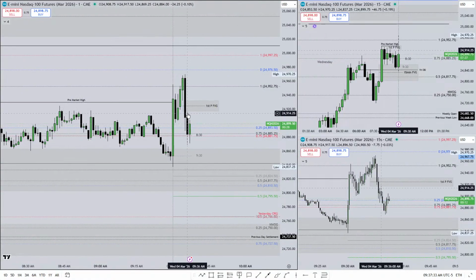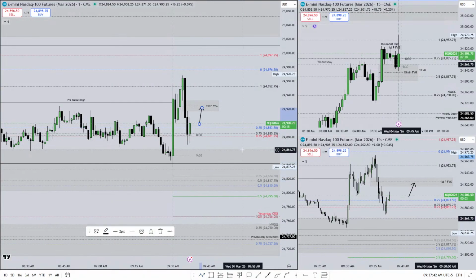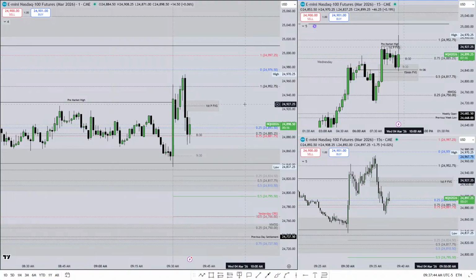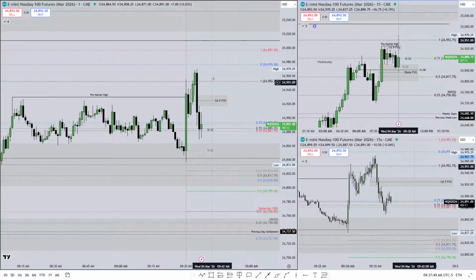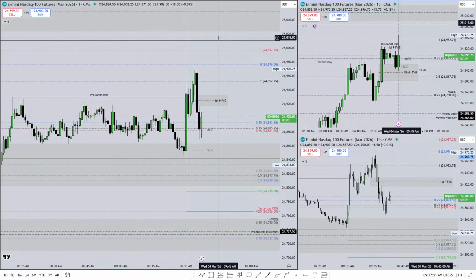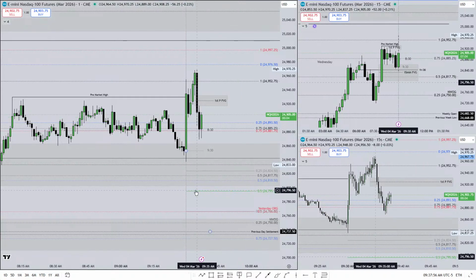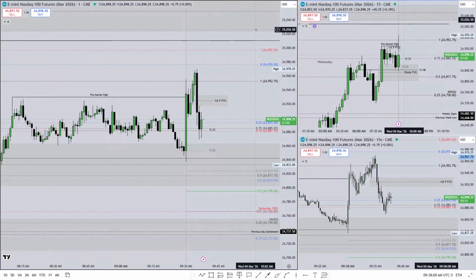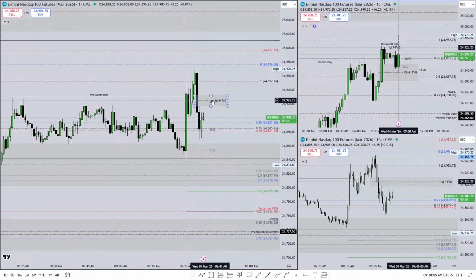I don't really trust this. I think it could definitely work out where we do something like this, but it's not a fair value gap that goes aligned with my bias. You could look for a scalp down to this initial low and then midpoint of the opening range gap, but we've got a couple things against us where we got news at 10 a.m. and it just doesn't look like a great fair value gap to me.